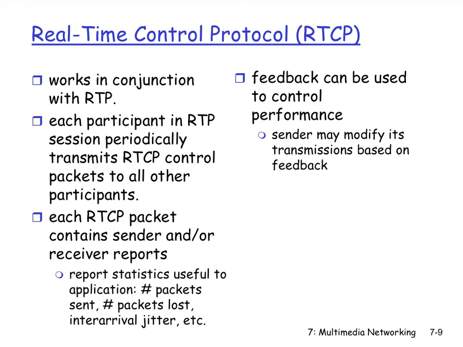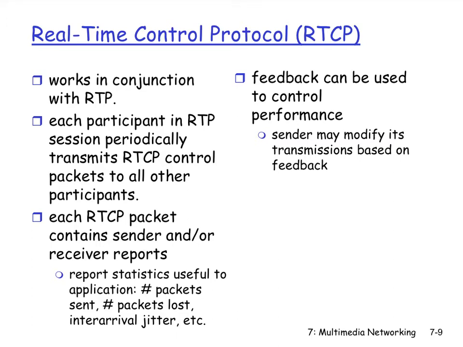So the receiver, when it sends a notification or a report to the sender, might use that report to adjust the transmission rate up or down. So that's a primitive type of flow control. It's not as rigorous as TCP, because TCP, when it detects one packet lost, as we said, drops the rate down by half and then starts to increase slowly. So this type of congestion control, which is really aggressive, actually affects the quality of the audio and video, as we have discussed last time.